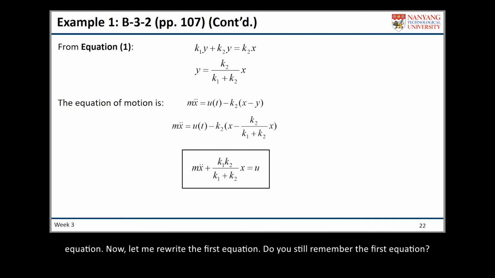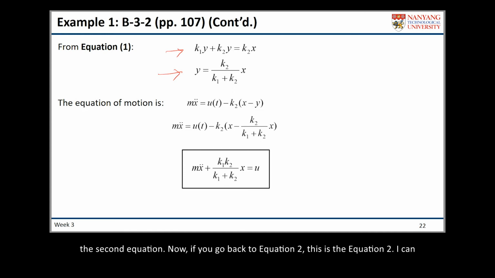Now, let me rewrite again the first equation. You still remember the first equation? I can manipulate the first equation into something like this. And then from this equation, I can express y, the motion of y, in terms of x, as you can see in the second equation.